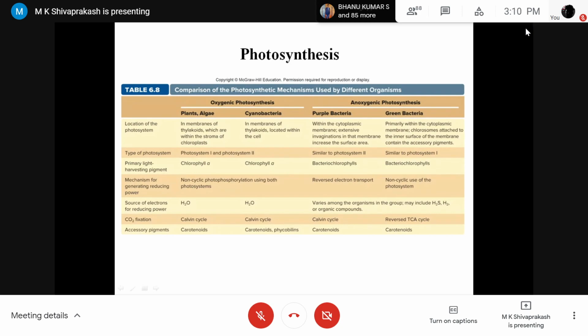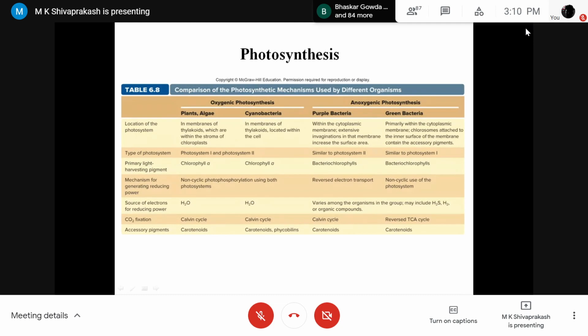Of course, in oxygenic photosynthetic bacteria it is non-cyclic photophosphorylation, whereas in the green sulfur bacteria it is non-cyclic as well, and in purple sulfur bacteria a reversed electron transport mechanism is used for that purpose.